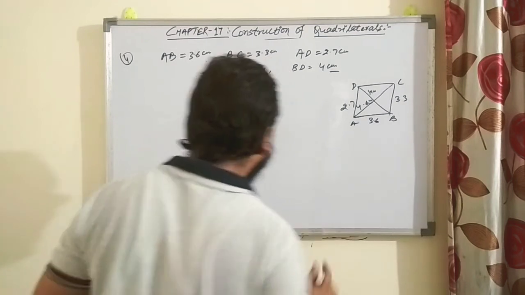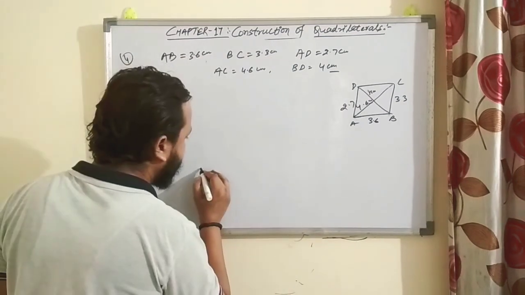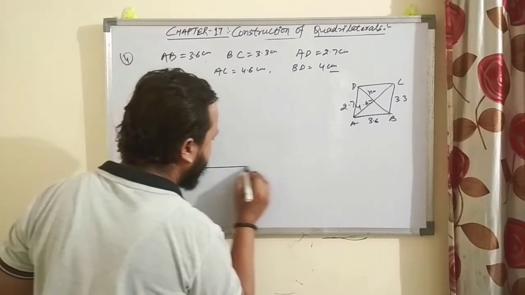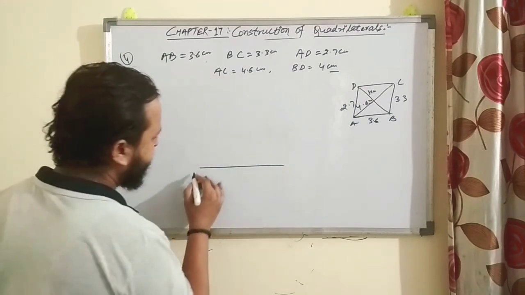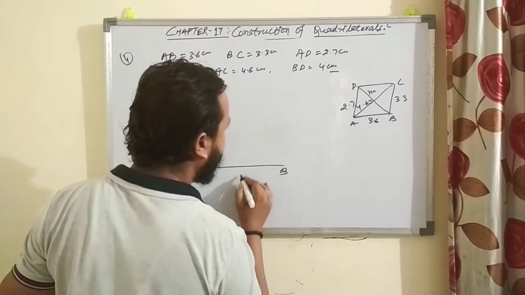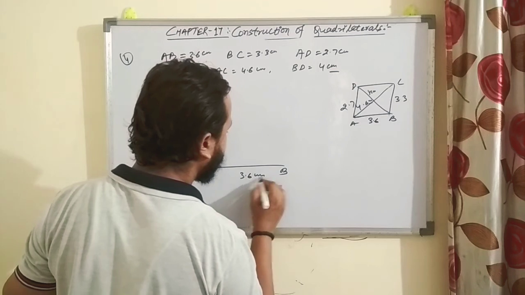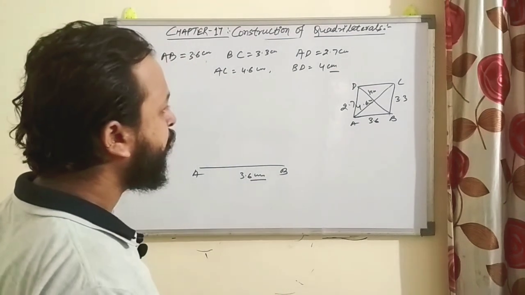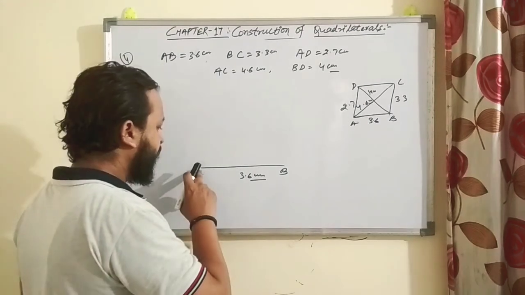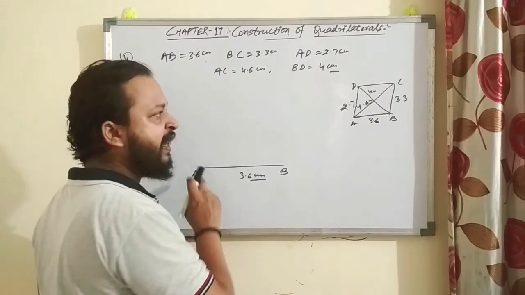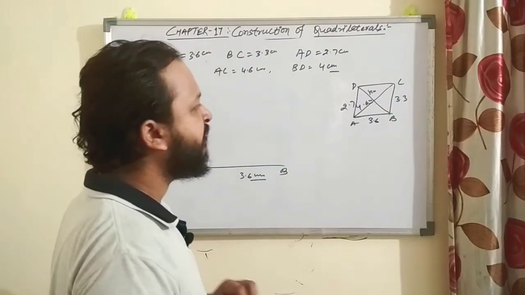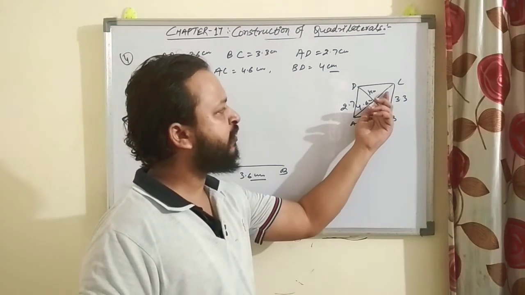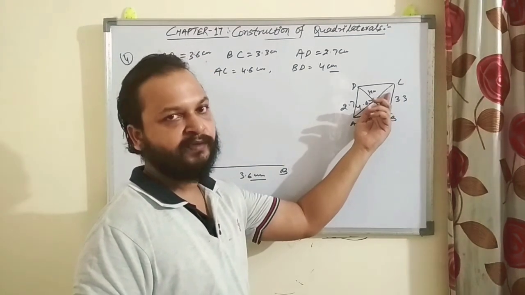So for this, just draw a line AB, right? Suppose this is line AB, which is 3.6 centimeter. So now what you have to do is take point A as a center and take the distance of 4.6 centimeter.